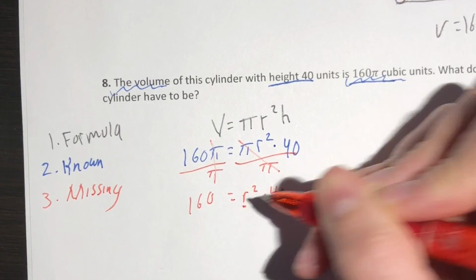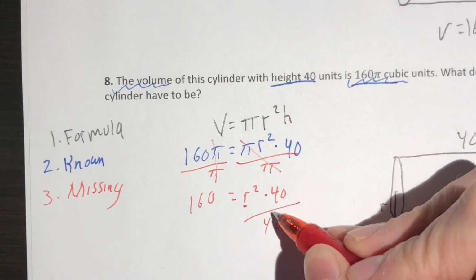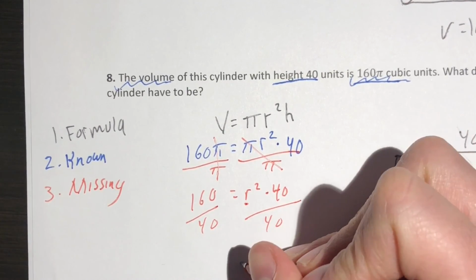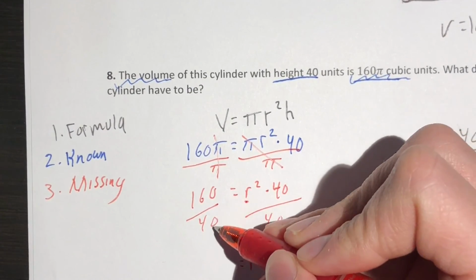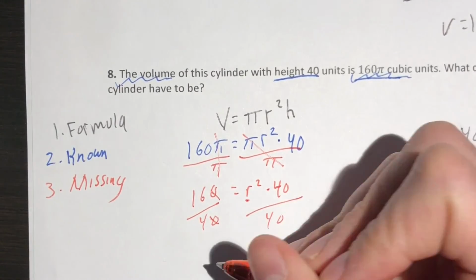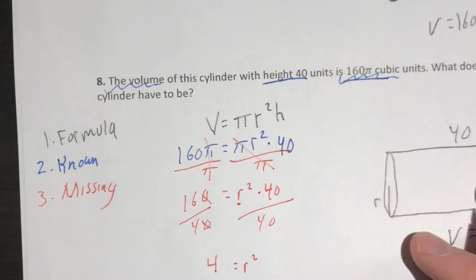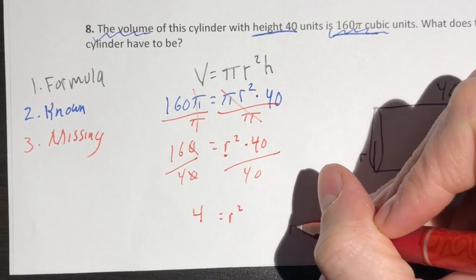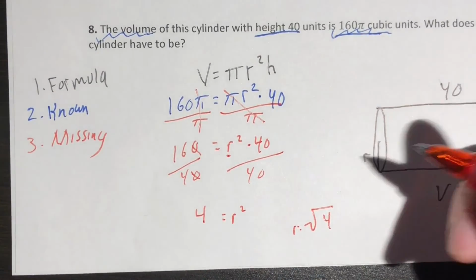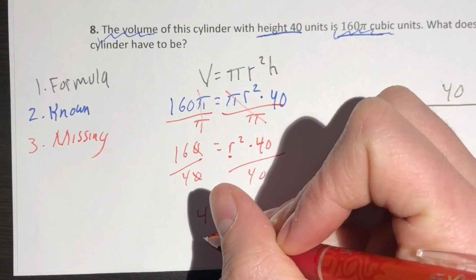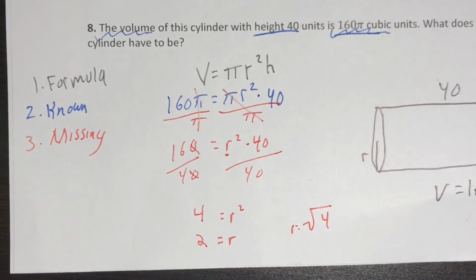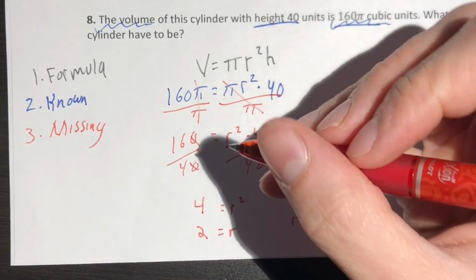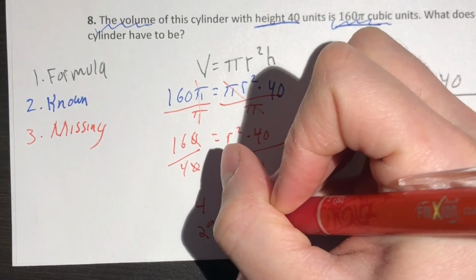And I want to figure out r, so I'm going to divide by 40, because it's being multiplied. r squared equals 160 divided by 40, let's see, 16 divided by 4 is 4. If r squared is 4, what does r have to be? The square root of 4. What times itself gets you 4? 2. So my radius has to be 2. And I just wrote units for all of these, so like units, I guess.